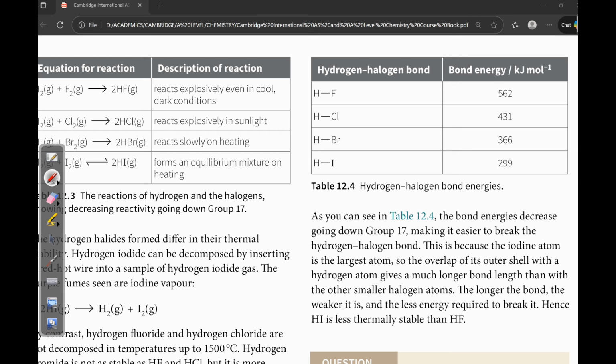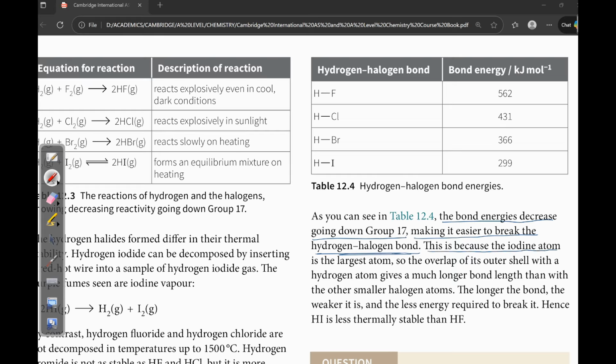Now, you can see from this table here, yes, here we are using hydrogen, but replace it with the carbon. And look at the explanation here. They are saying the bond energies decrease going down group 17, making it easier to break this bond here, okay? I can say carbon to halogen bond.